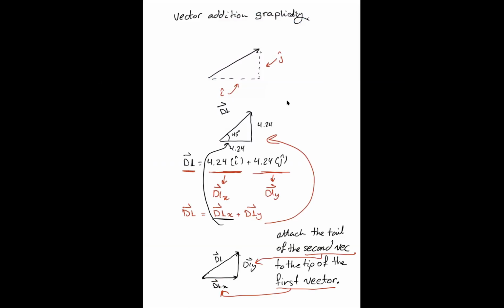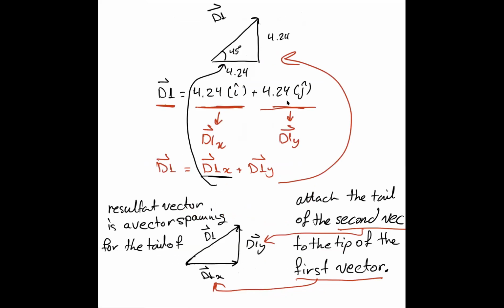Then the resultant vector is a vector spanning from the tail of the first vector to the tip of the last vector.